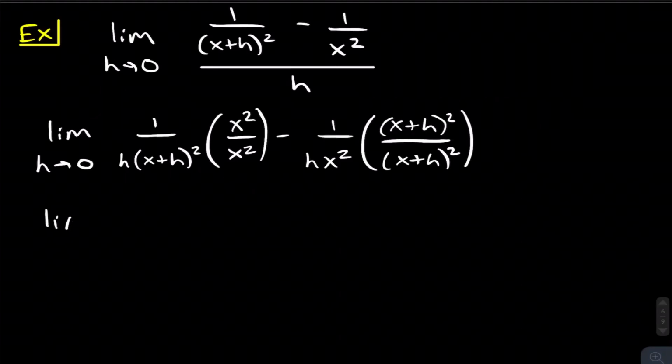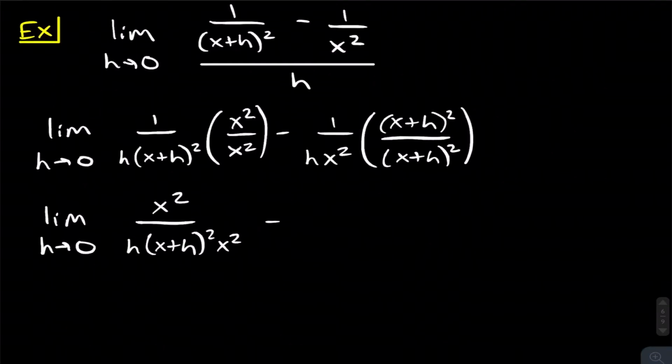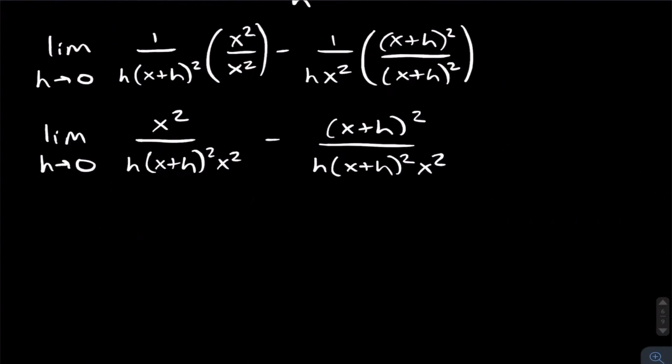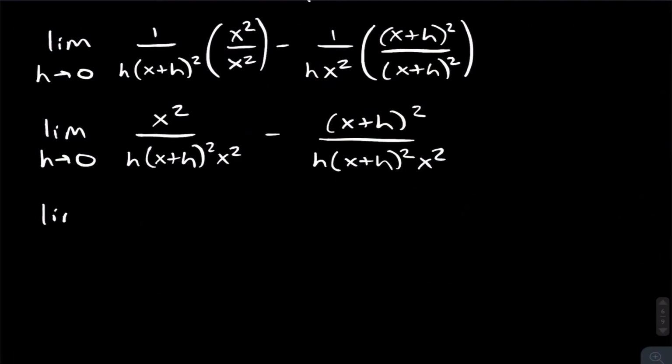We get the limit as h approaches 0 of x squared over h times x plus h squared times x squared, minus x plus h squared over h times x plus h squared times x squared. We can now combine these.